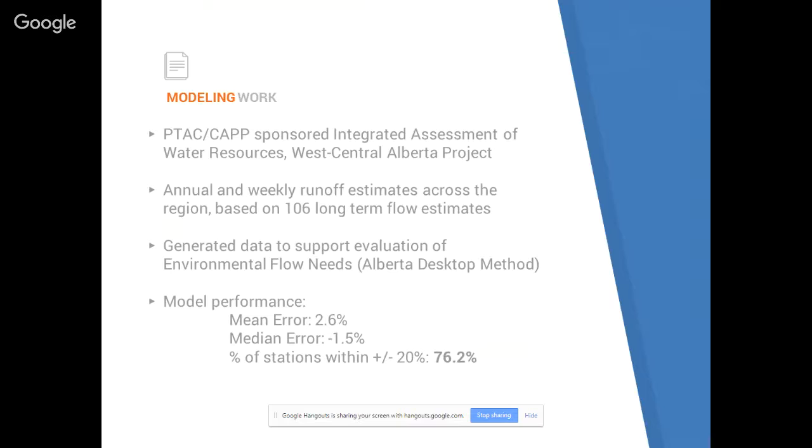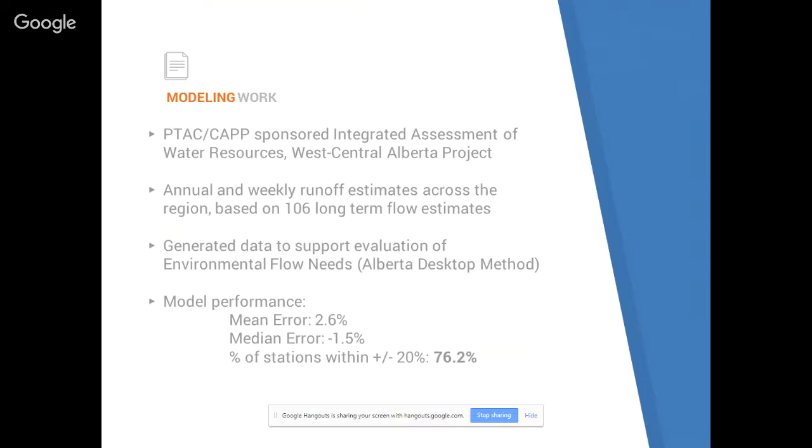And for model performance, we have 3 statistics that we typically use as metrics. So there's the mean error. This relates the error, or the predicted runoff in those gauged watersheds against the measured in those gauged watersheds. So out of those 106, the average error was 2.6%.